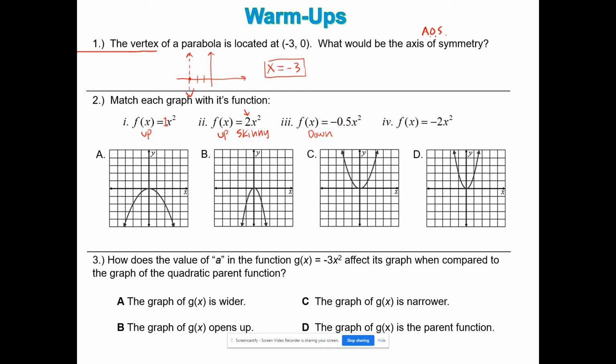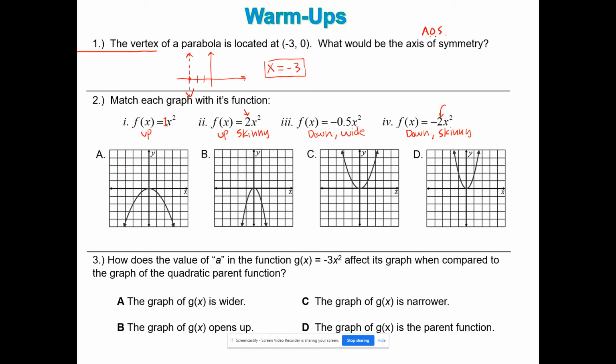Since this value is between 0 and 1, not looking at the negative, just the number, we know that should give us a wide graph. Then again, we have a negative in front, so this opens down, and because this number is bigger than 1, it's skinny. When I say bigger than 1, I'm only looking at the 2, not the negative, because the negative just makes it go down.